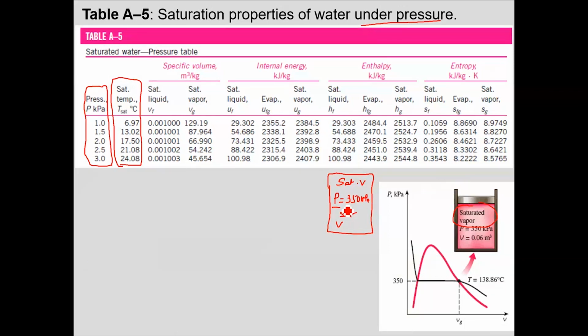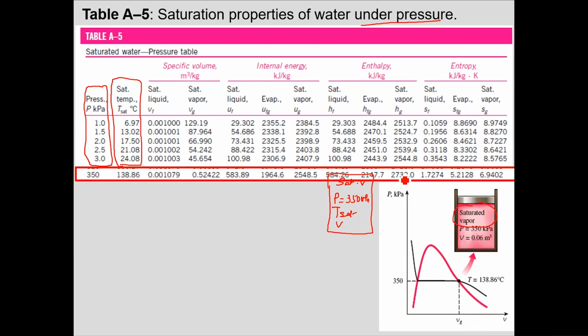We will go to the pressure table and look at 350, since the pressure is given, and read the corresponding values. Very good. So you'll go to the pressure value of 350 kilopascal, and you will read the temperature just next to it, which is the saturation temperature.